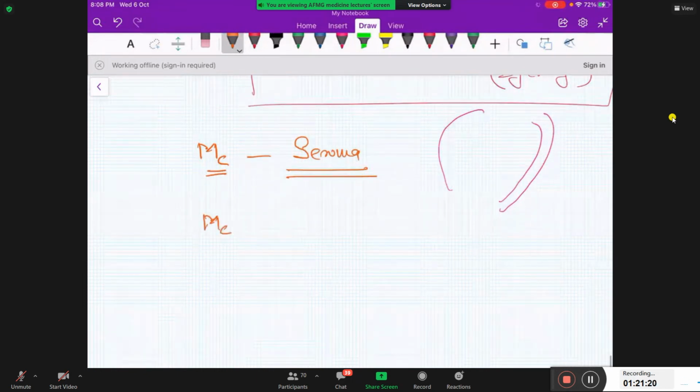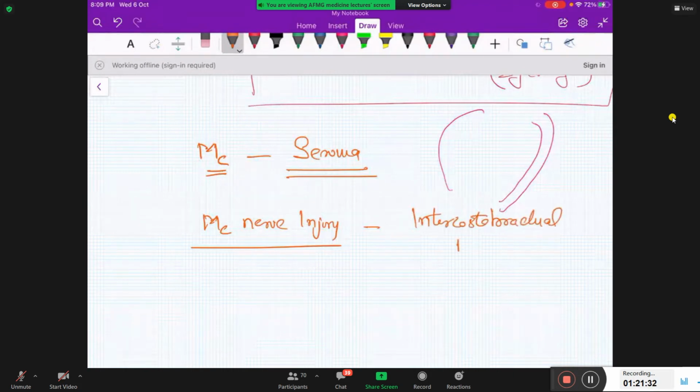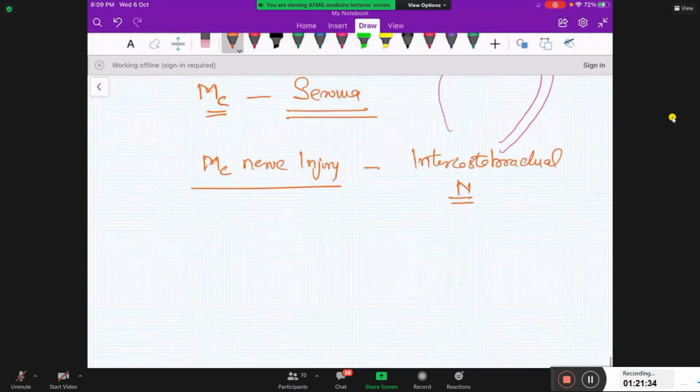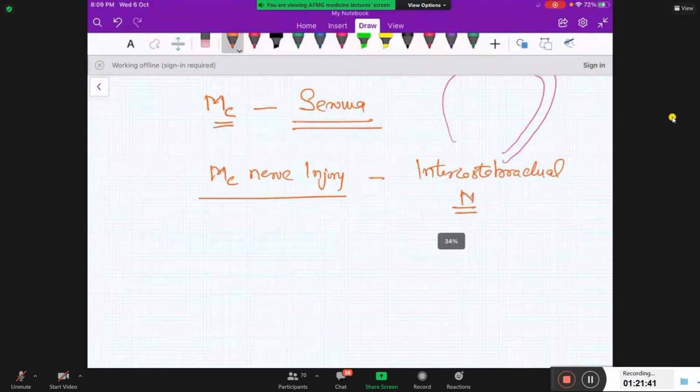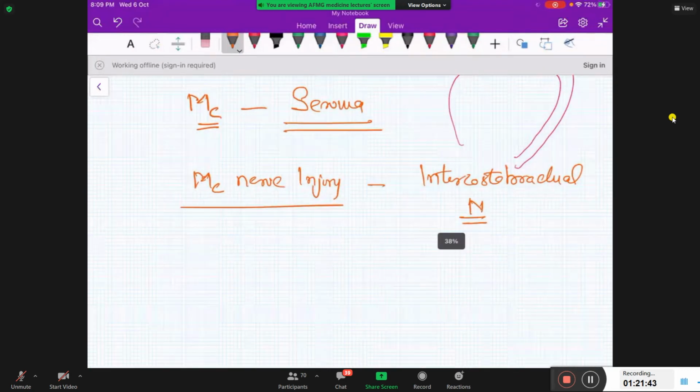Most common nerve injury in MRM is intercostobrachial nerve injury. Most common nerve injury, intercostobrachial. Most common complication is seroma formation.